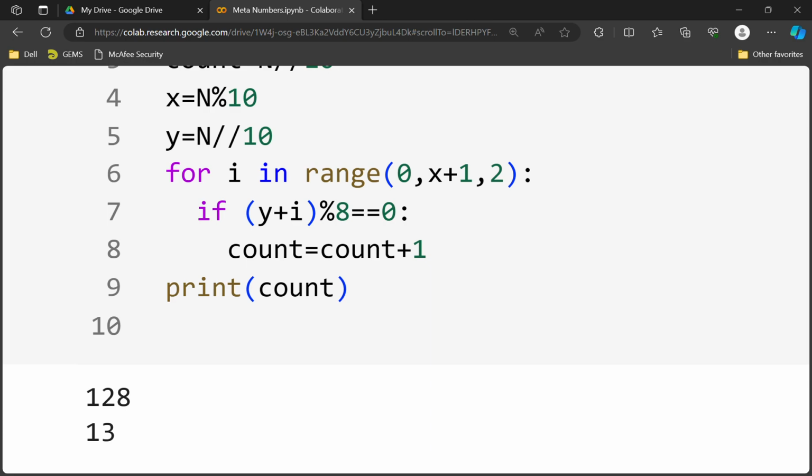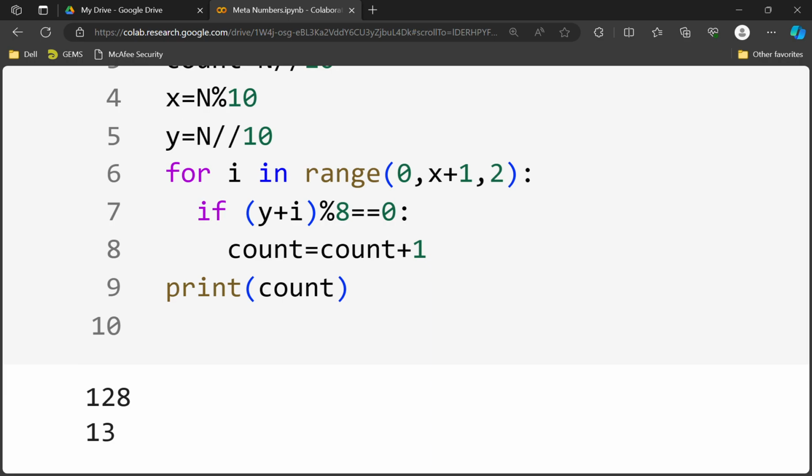For example, that may be 2, that may be 4, that may be 6, that may be 8, which will be added to the original number that can be divisible by 8. So to track that one, I am giving for i in range 0, x plus 1. X plus 1 is, x is what? The remainder portion. Suppose if the given number is 1002, that x will be 2.